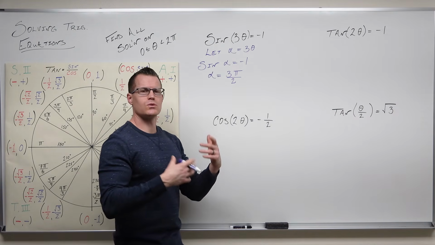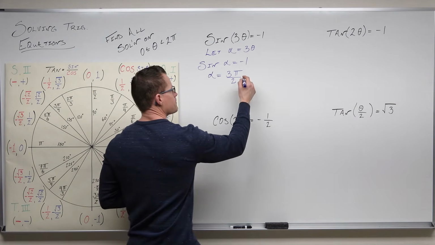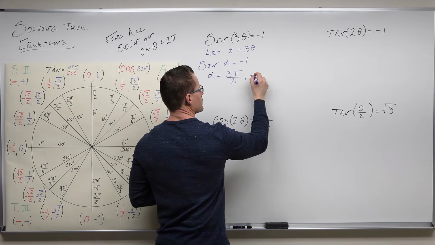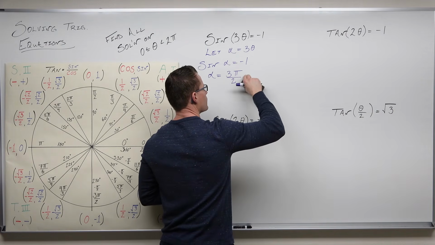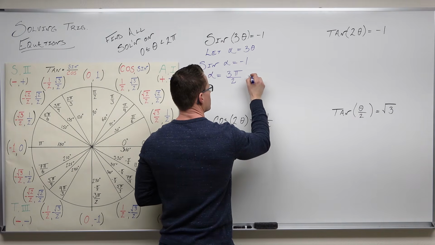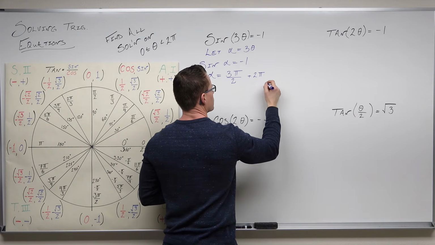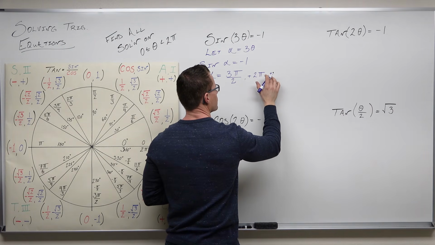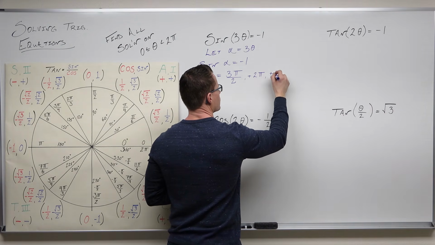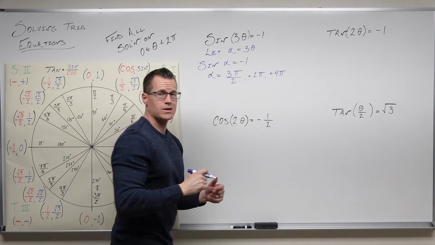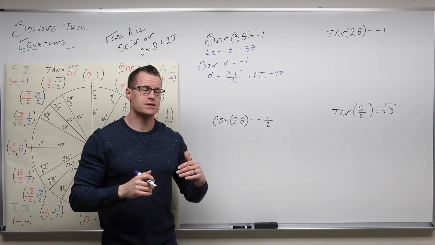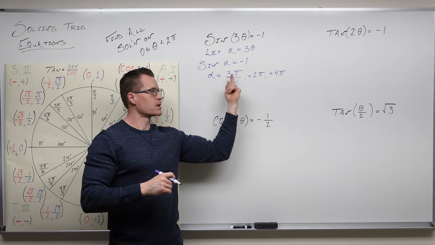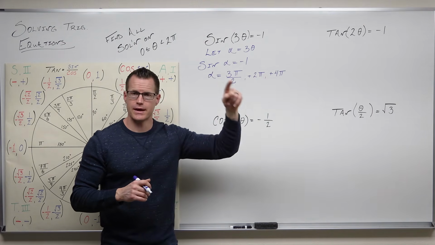So 3 pi over 2, cool. I'm going to add 2 pi. I'm also going to add 4 pi to it. So this is going to create 1 cycle, 2 cycles, 3 cycles on that 0 to 2 pi.